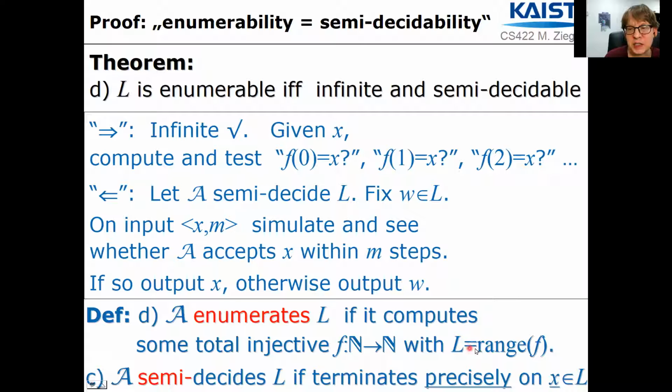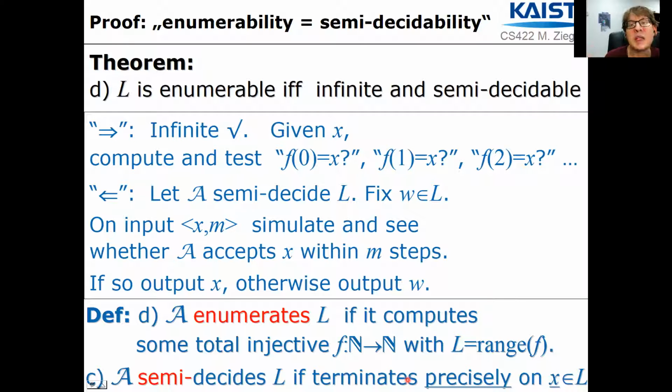Now, the second condition implicit in this equality is that it outputs everything that belongs to L. So not just everything it outputs must belong to L, which implies one inclusion in set theory, but also the opposite. It exhausts L. Why is that the case? Well, consider any element in L. That means that the algorithm A on input of this element will terminate in a finite number of steps.